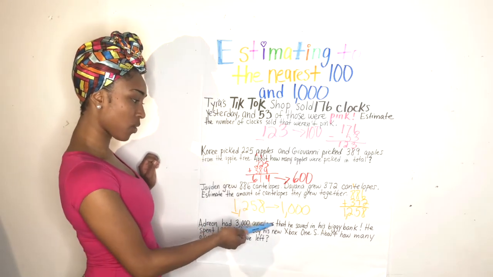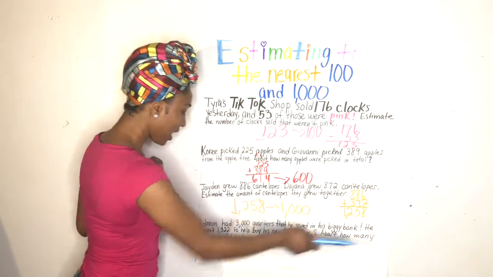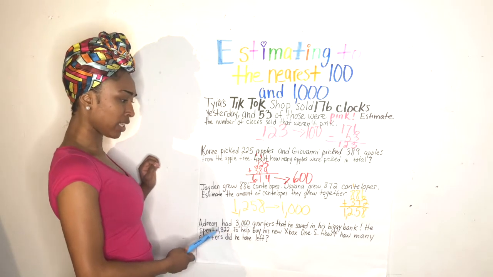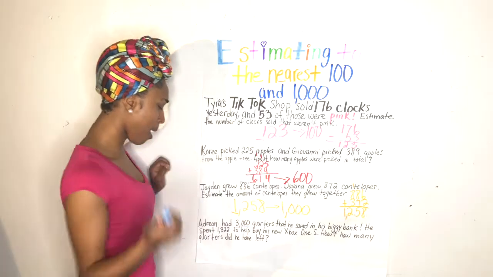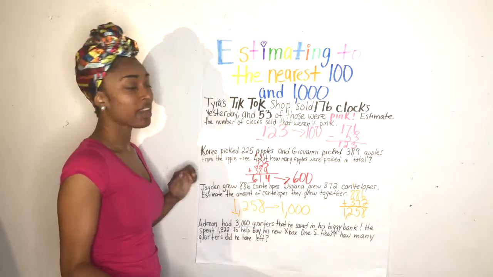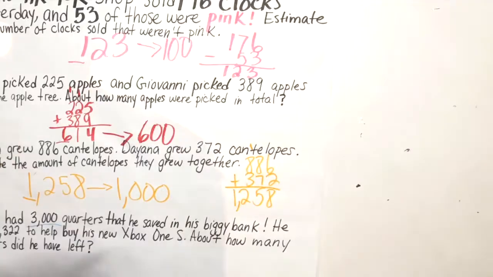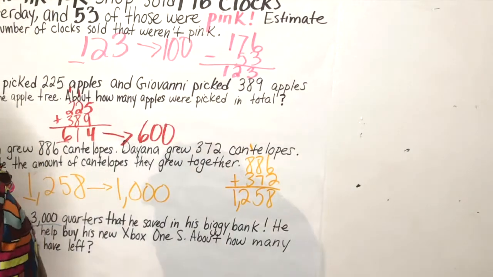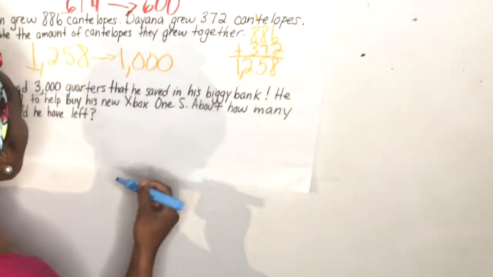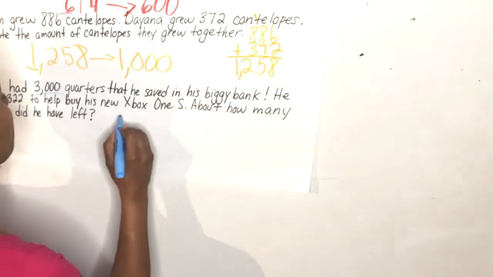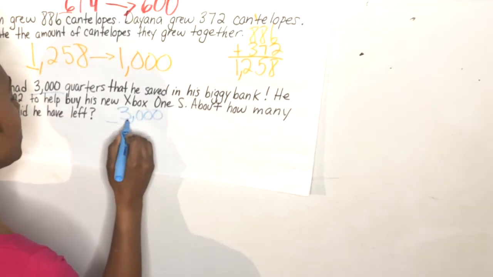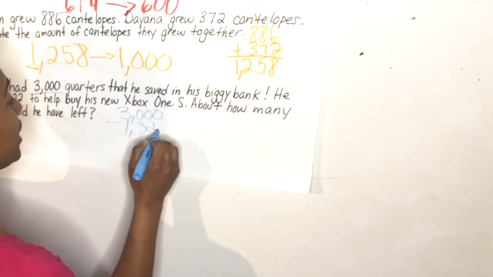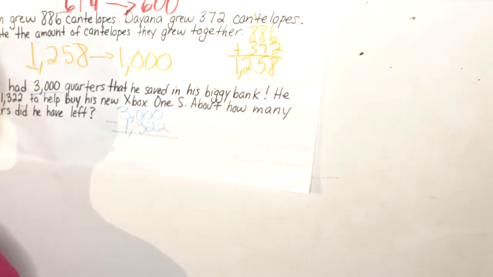Adrian had 3,000 quarters that he saved in his piggy bank. He spent 1,322 to help buy his new Xbox One S. About how many quarters did he have left? Okay, I know that means that I need to subtract. 3,000 minus 1,322 before I can estimate.